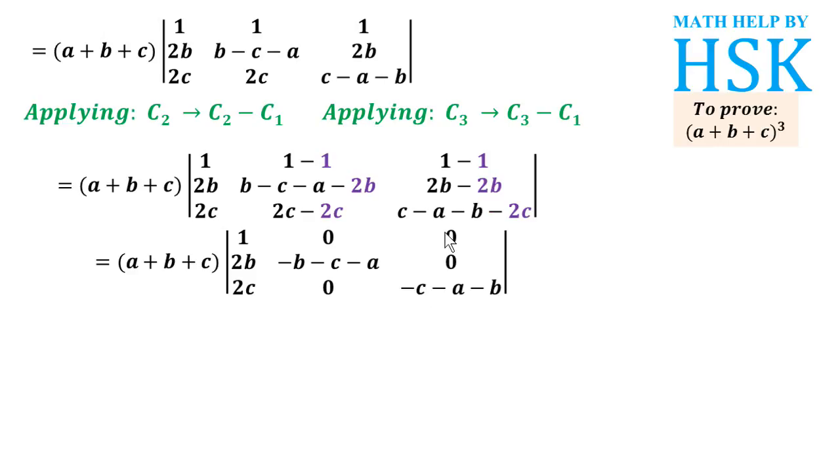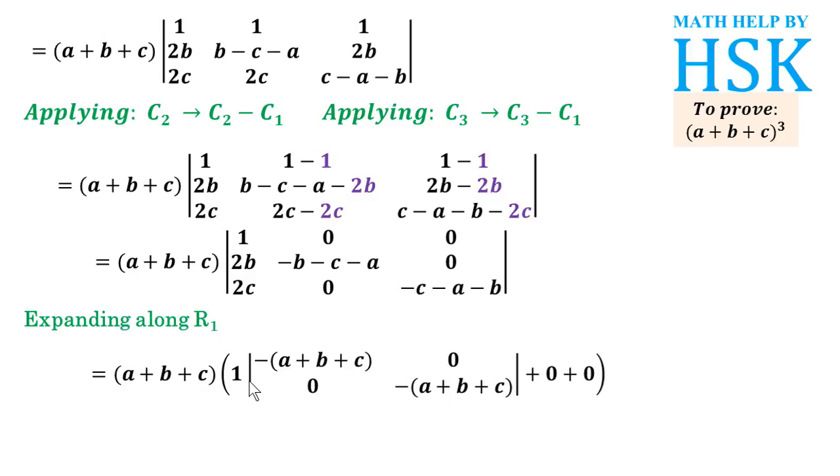Now I am going to expand this determinant along the first row because two elements of the first row are 0. So expanding along the first row, I am going to get (a+b+c) into 1 into the determinant obtained by removing first row and first column, that is -(a+b+c) in both diagonal places, and because the next two terms are 0, plus 0 for the next two terms.